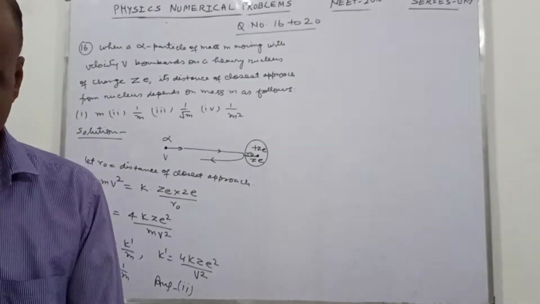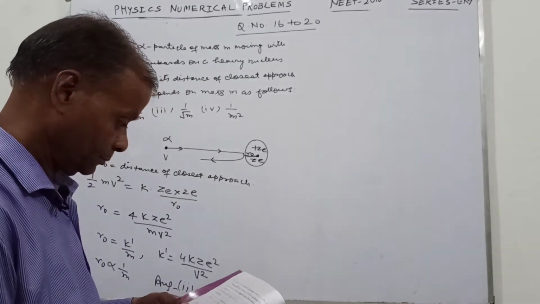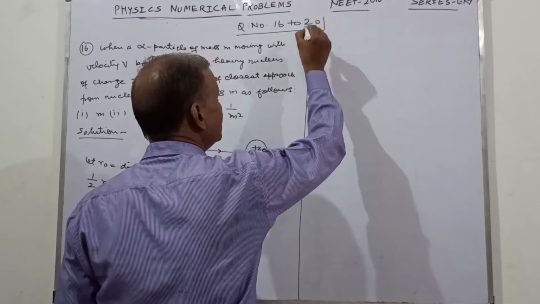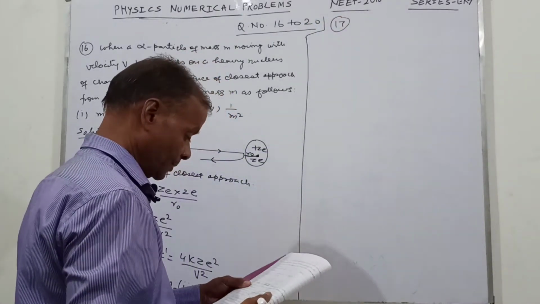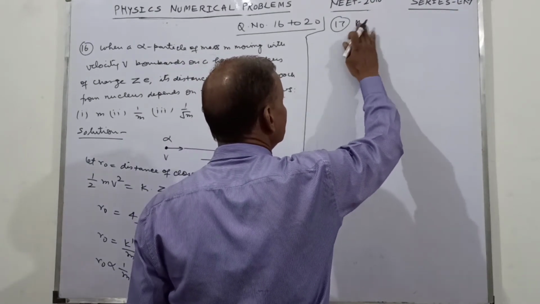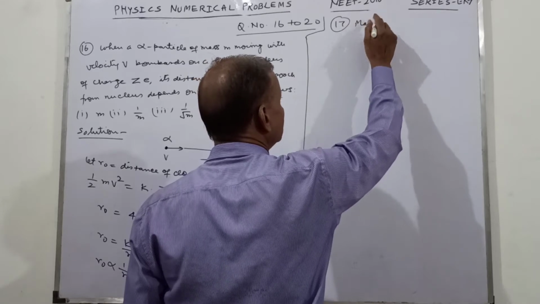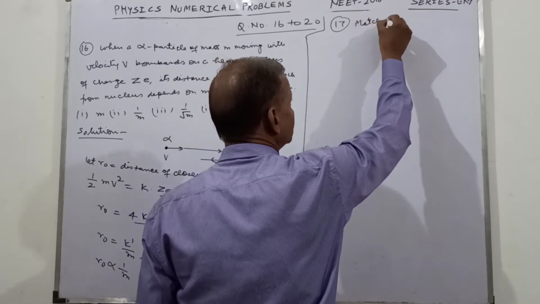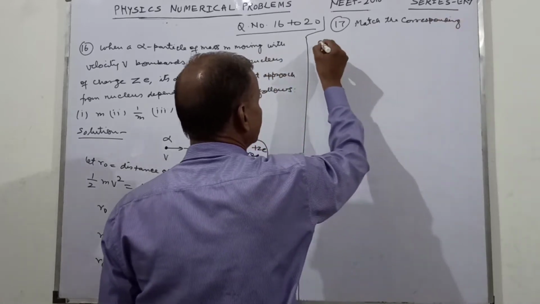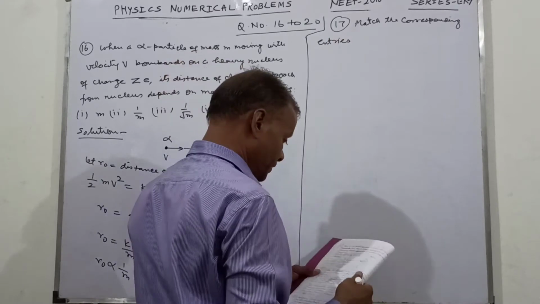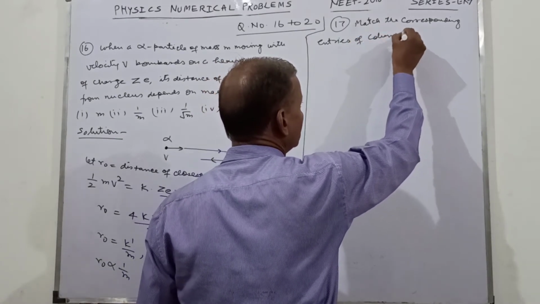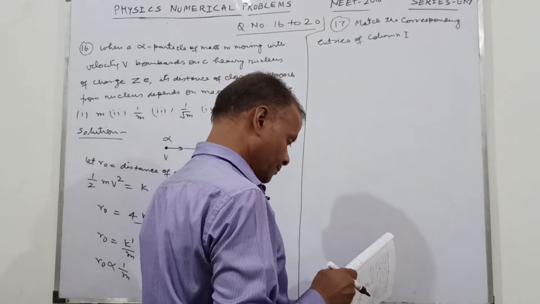Now question number 17. Match the corresponding entries of column 1 with column 2.